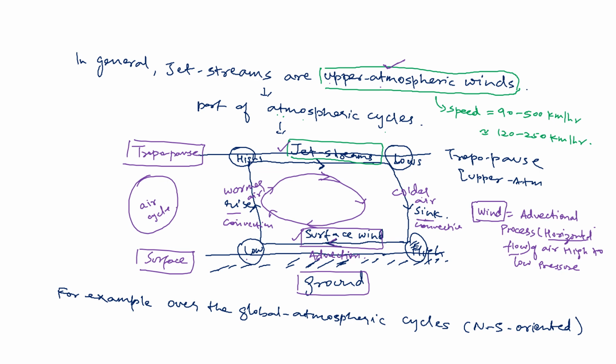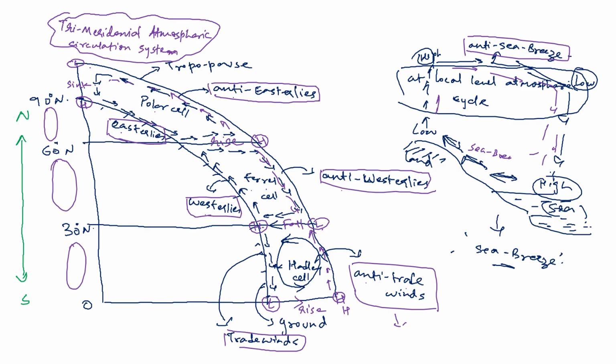We know these jet streams are upper atmospheric winds flowing at great speed, on average 120 to 250 kilometers per hour. It is a byproduct of the interaction of two opposite types of atmospheric cycles. At the global level, there are three atmospheric cells: the Hadley cell in the tropical areas, the Ferrel cell in the temperate or mid-latitude areas, and the polar cell in the higher latitudes.